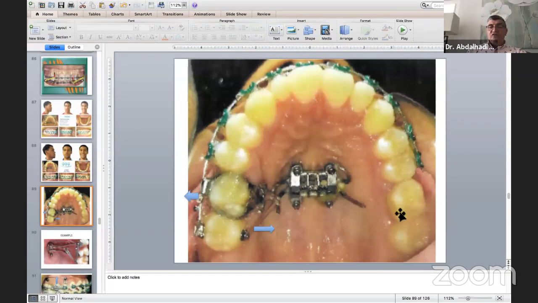So I removed the left side band. I kept the right side band with the Marpe because I don't want to lose the result of the expansion here after 2 months. And I continue my elastic to intrude my molar.